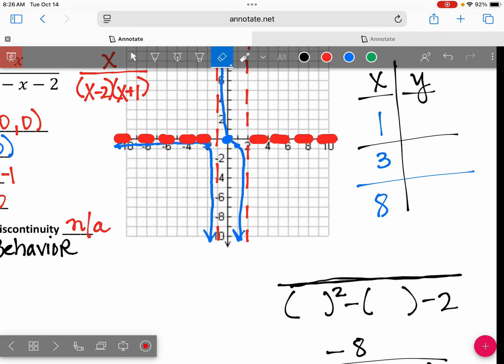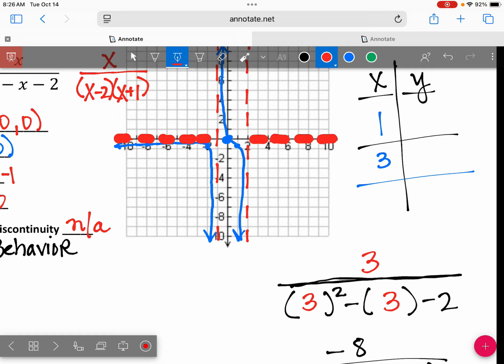Let's see what we get. We really don't even need to plug in 8, we just need to plug in 3, because I just need to know, is it positive or negative? Is it above the horizontal asymptote? Is it below the horizontal asymptote? Just one number would be enough for us to figure that out.